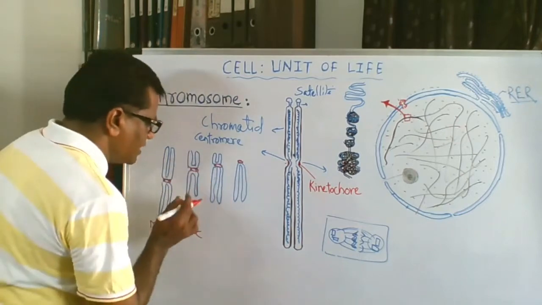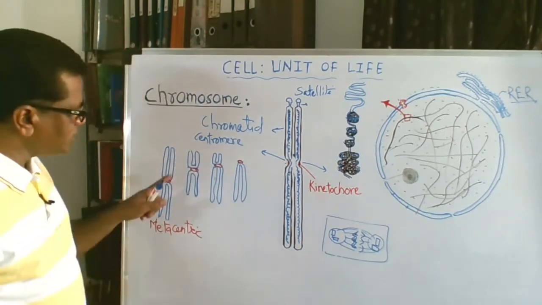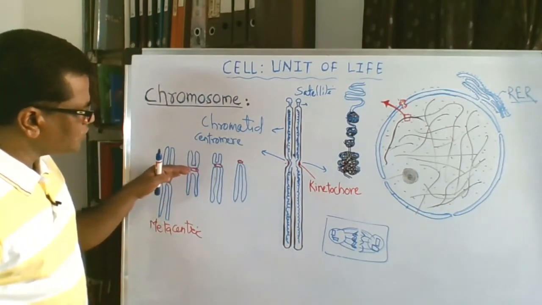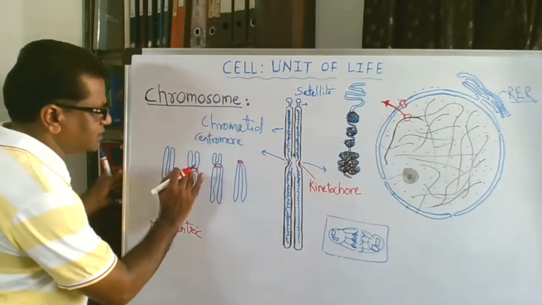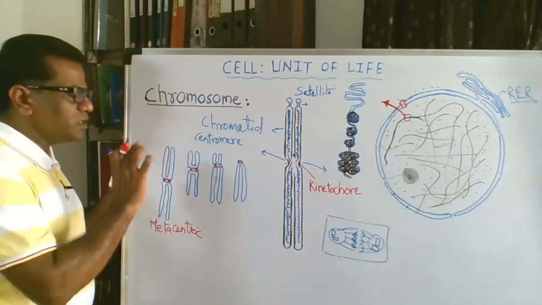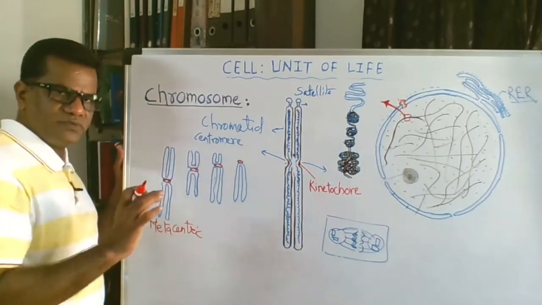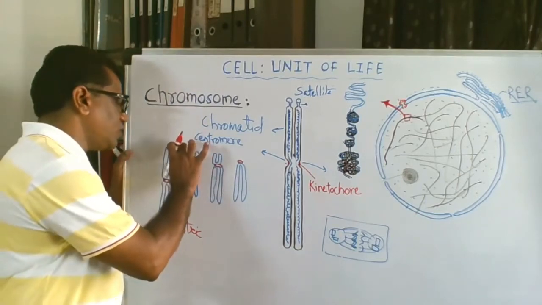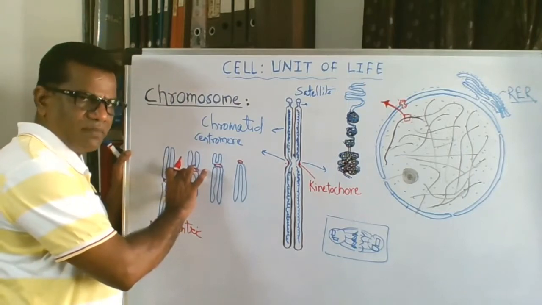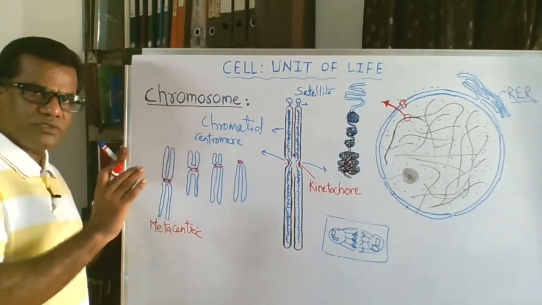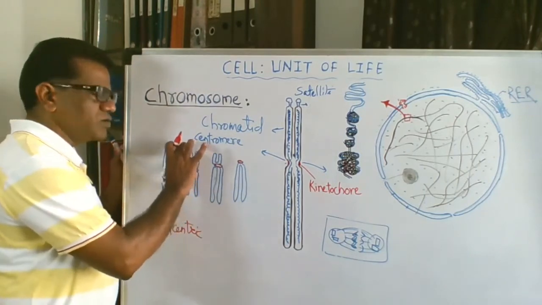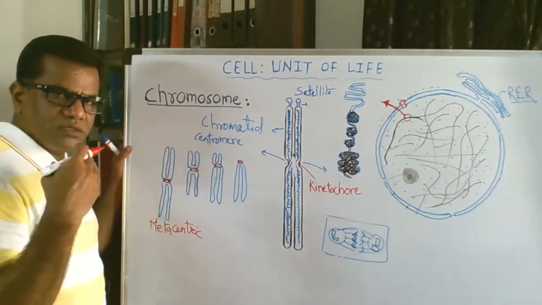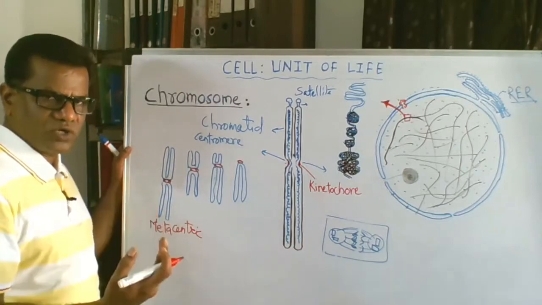Now this is a chromosome in which the centromere is not exactly at the center, it is slightly away from it. So the chromosome has 2 types of arms. This arm is the short arm, this arm is the long arm, but the ratio is not differing very much. The long arm is not double the short arm.